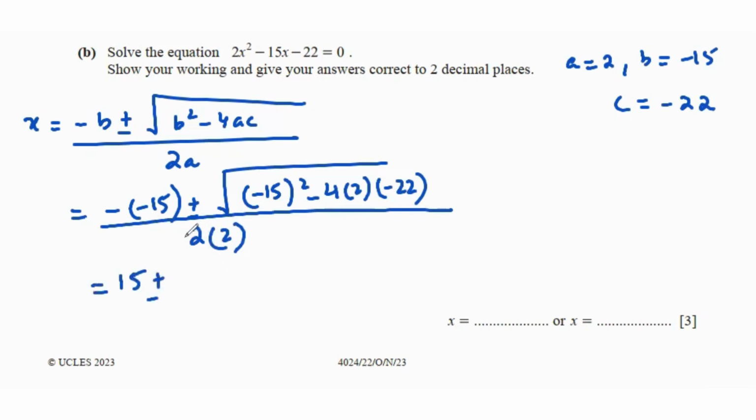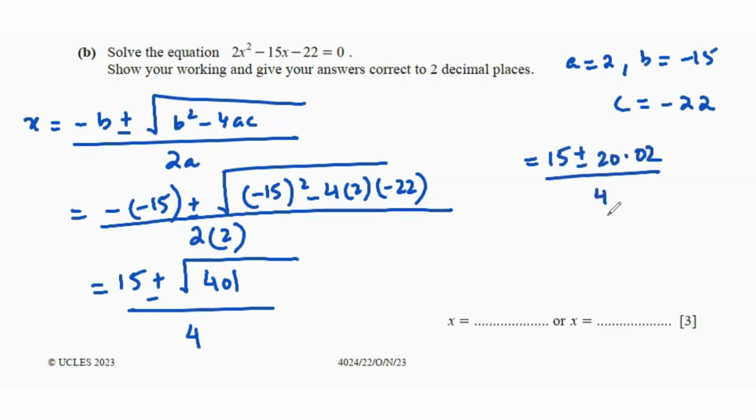So 15 plus or minus, and if we solve this, it's going to be 401. So the square root of 401 is 20.02. So that's going to be 15 plus 20.02 over 4, and 15 minus 20.02 over 4.